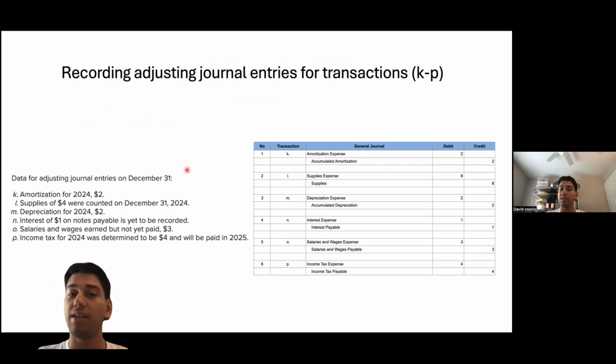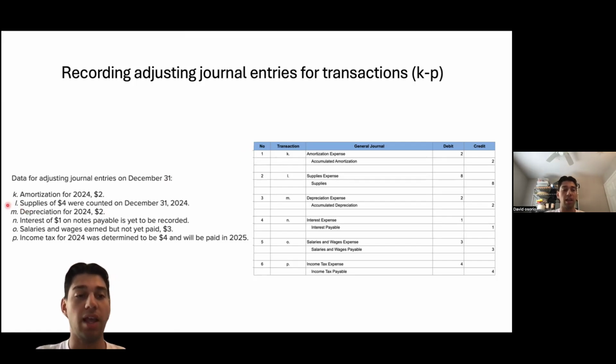So on K, the adjusting journal entries, since we already know that expenses are always debited, we debit amortization expense of $2 since it's already incurred, and we credit accumulated amortization. That's a contra asset account, and it increases by crediting it.